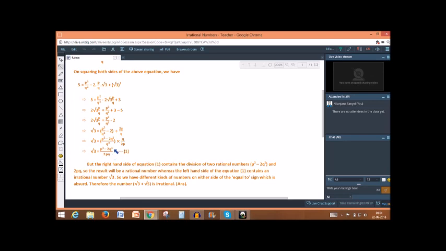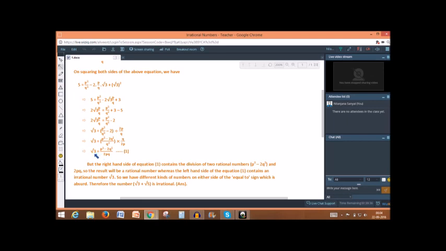That means we will have a rational number as a quotient as well, because when we divide one rational number by another rational number, we get a rational number as the quotient. So the right hand side of the equal to sign is a rational number.